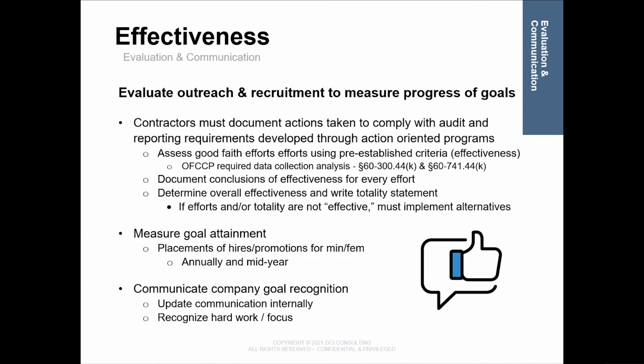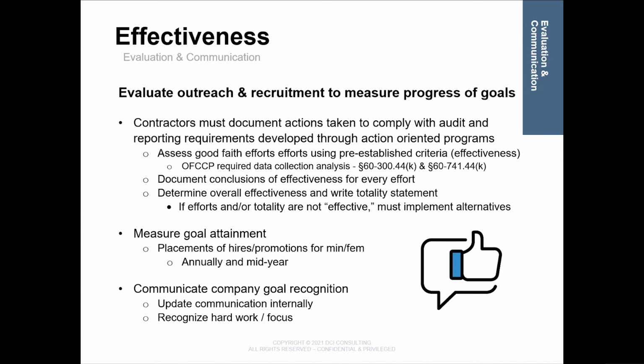So you want to evaluate your outreach and recruitment to determine the effectiveness of your action-oriented programs and progression towards goals. Really what you're doing is you want to know how well you are utilizing your company's time, resources, staffing, and budget, and are your collective efforts creating a measurable difference?